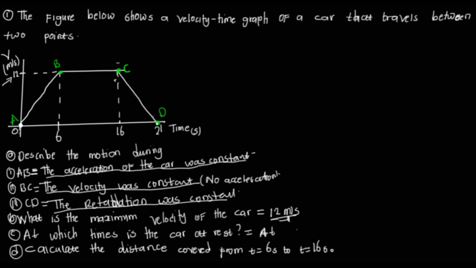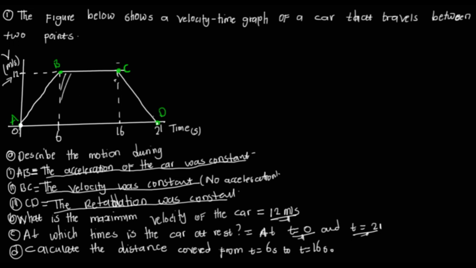So we can say at t equals 0 and t equals 21, the car is at rest. Now, D: calculate the distance covered from 6 seconds up to 16 seconds.